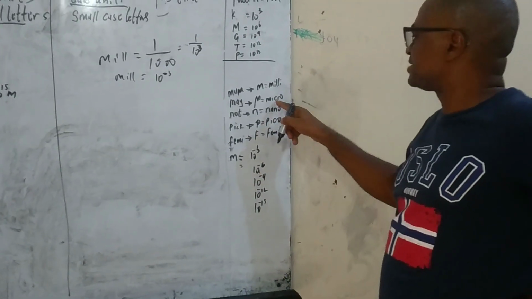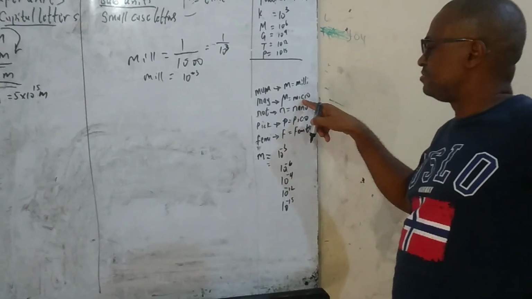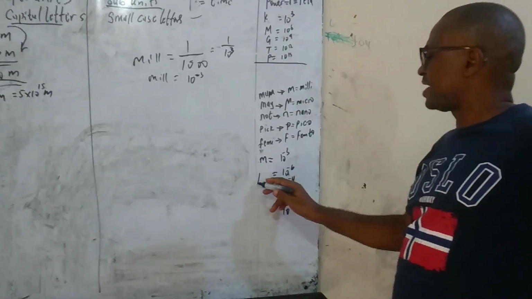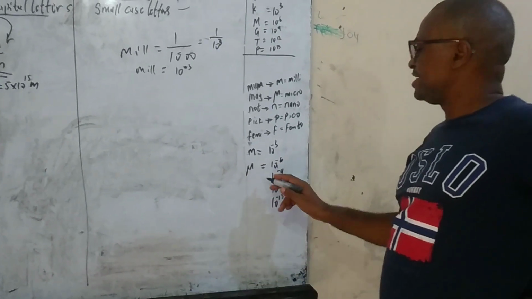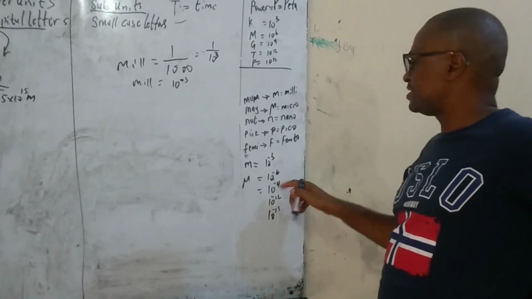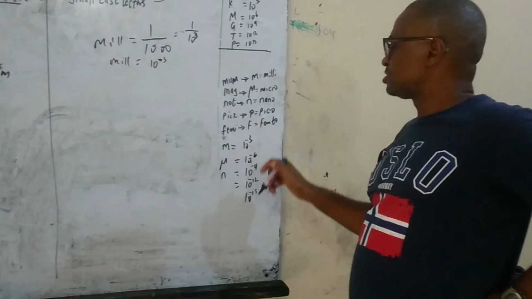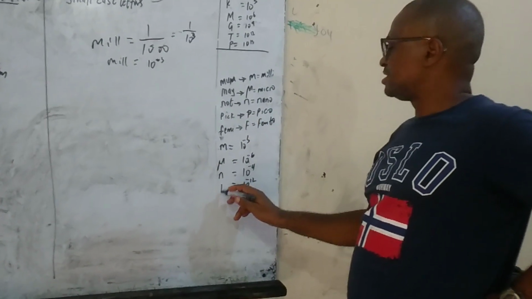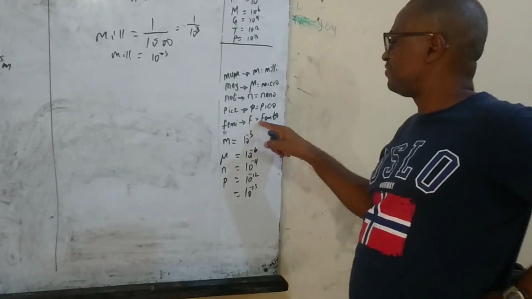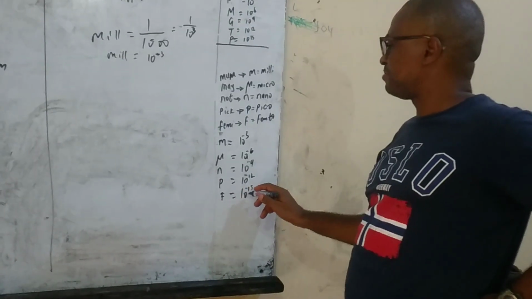So the next subunit that I'm making reference to is micro. So 10 raised to power minus 6 is micro. The next one is nano. So 10 raised to power minus 9 is nano, small letter N. Then the next one is pico, small letter P. That is what 10 raised to power minus 12 stands for. Then small letter F for femto. That one is 10 raised to power minus 15.